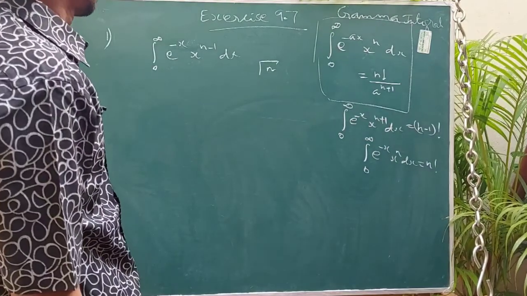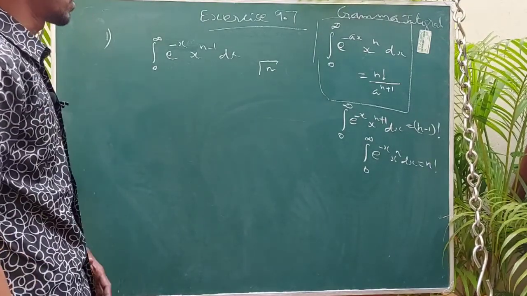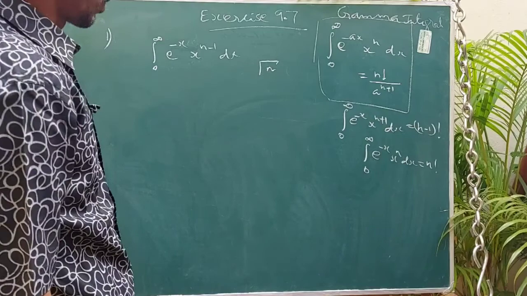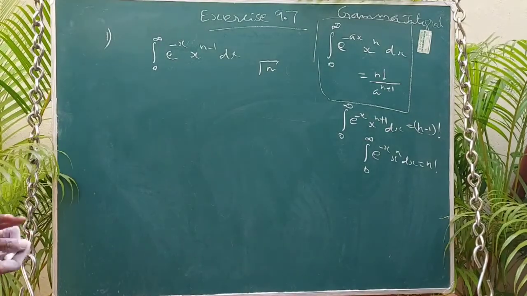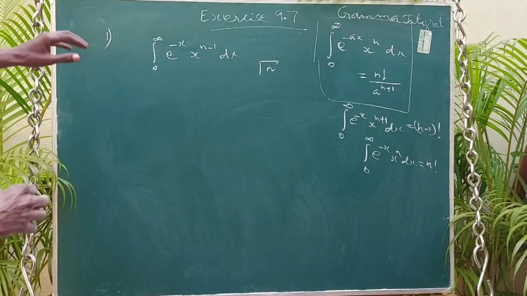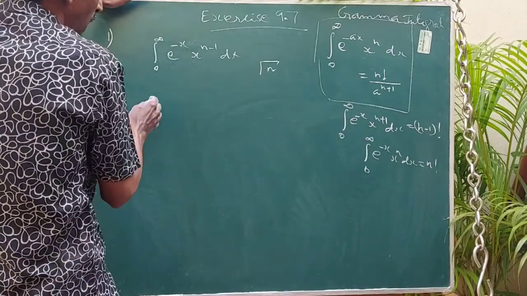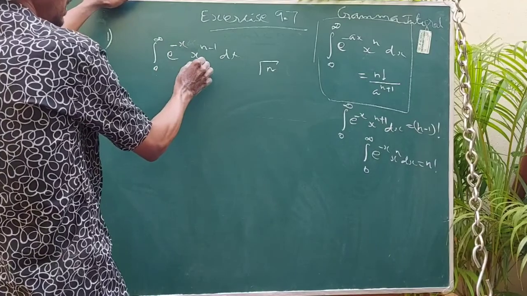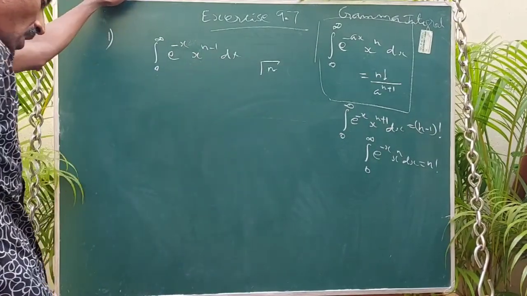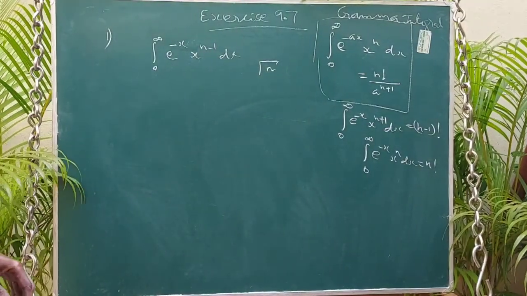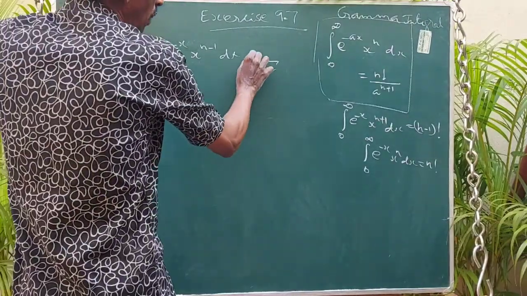My dear student, listen, the next topic is gamma integral. So in your book, page number 121, the definition is given. Integral 0 to infinity e power minus x into x power n minus 1 dx is called the gamma integral, and it is denoted by the symbol gamma of n.